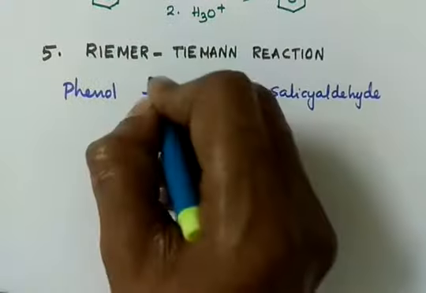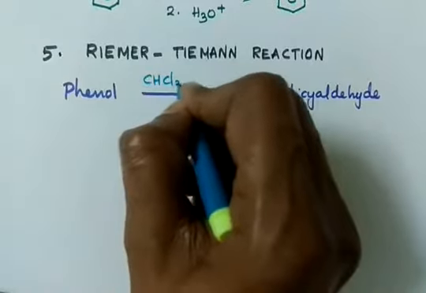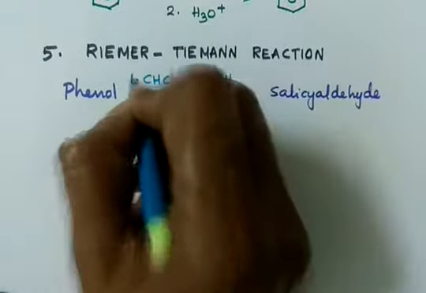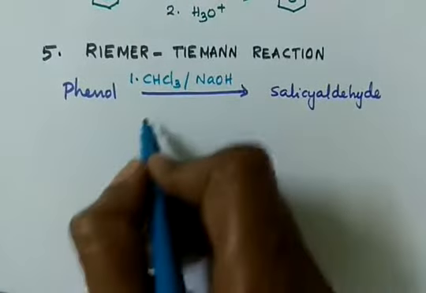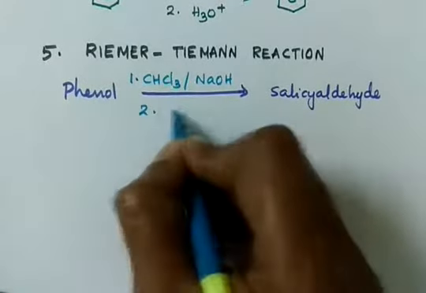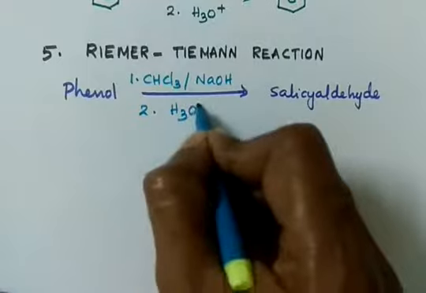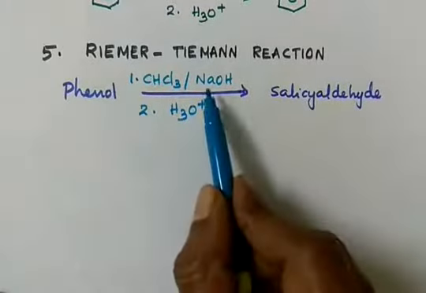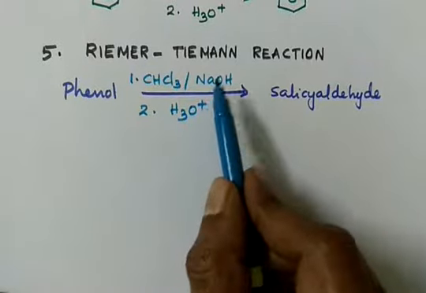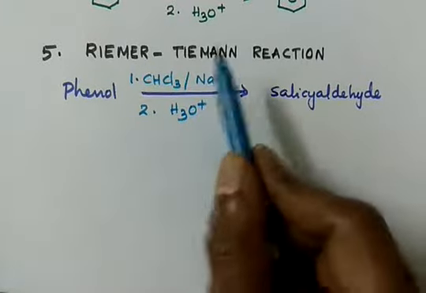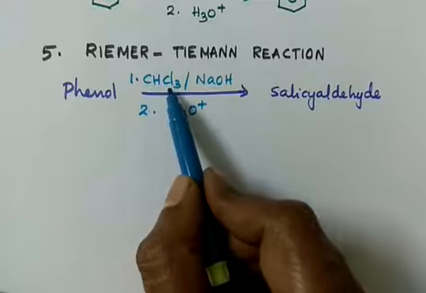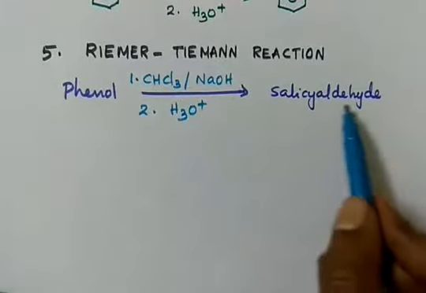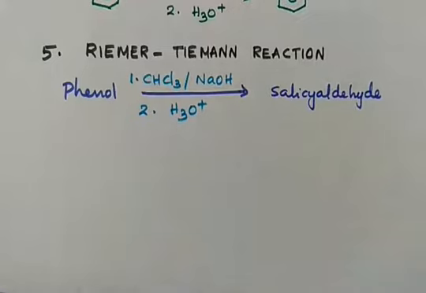Phenol on treating with chloroform in the presence of aqueous alkali followed by hydrolysis produces salicylaldehyde. First, phenol reacts with sodium hydroxide to form sodium phenoxide. Sodium phenoxide then reacts with chloroform to form an intermediate compound which on hydrolysis produces salicylaldehyde.